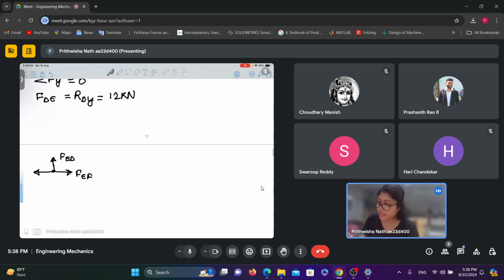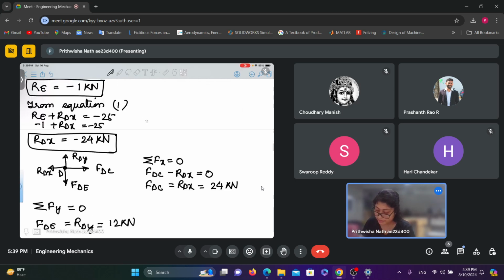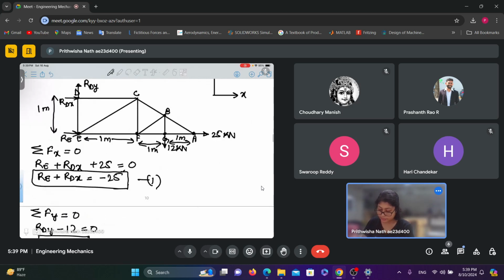So it is acting in the negative y direction, which is equal to 1 kilonewton. And this is the force on member CE. Now we have already calculated force in member DE to be 12 kilonewton, and this angle, can someone tell me what angle will this be by looking at the truss? 45.